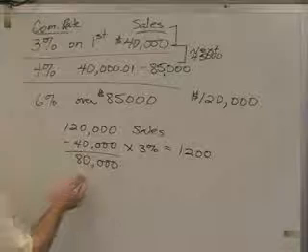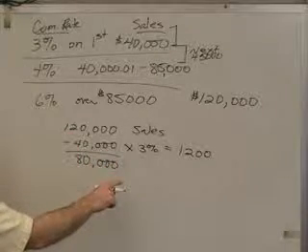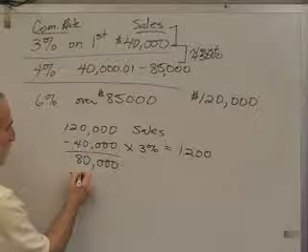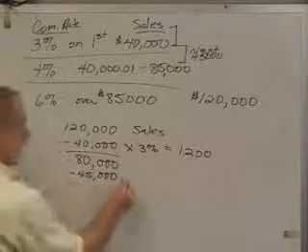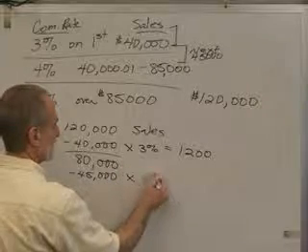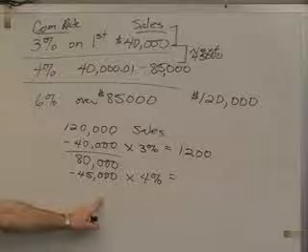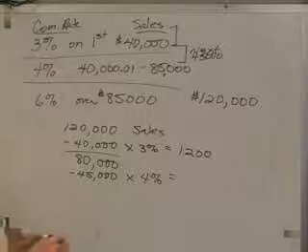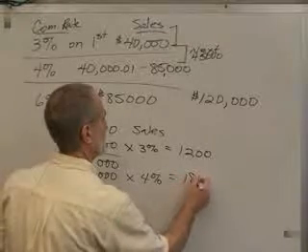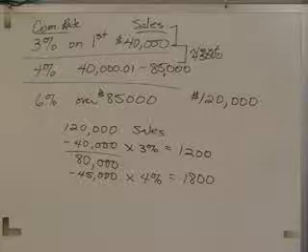So, if we say first 40,000 gets paid at 3%, the next 45,000 gets paid at 4%. 1% would be 450. So is that 1,800? Does that look right? 45,000 times 4%?